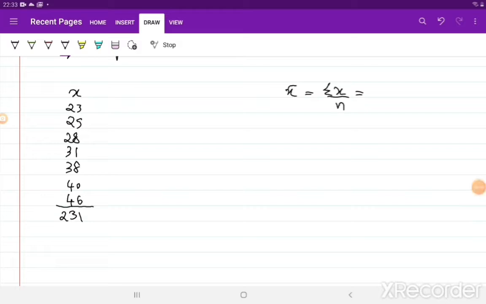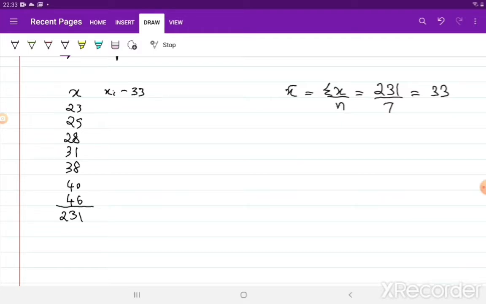So your arithmetic mean is 231 divided by 7, which is 33. Your deviations will be xi minus x bar, which is 33.